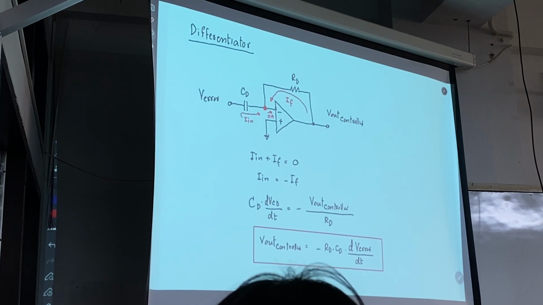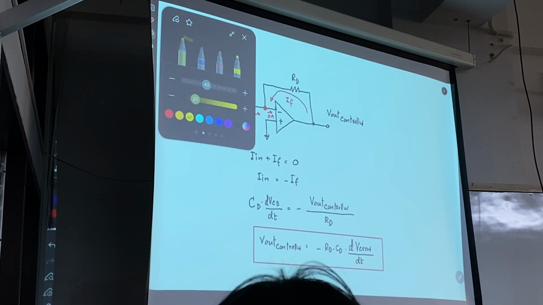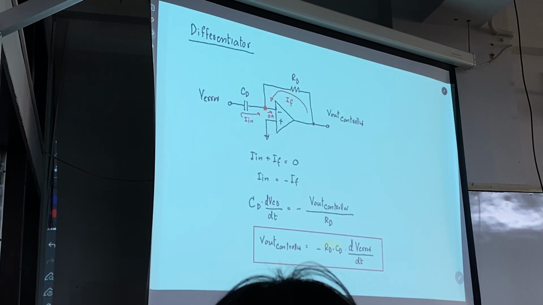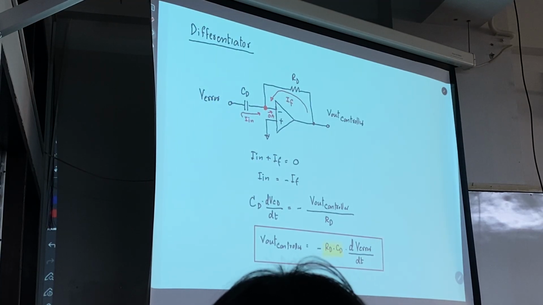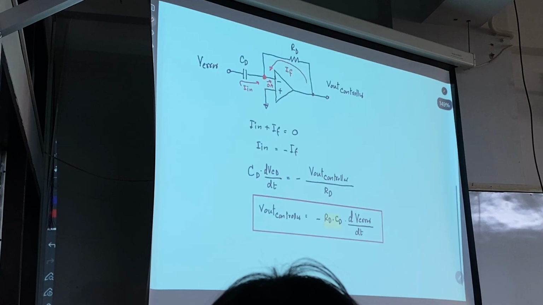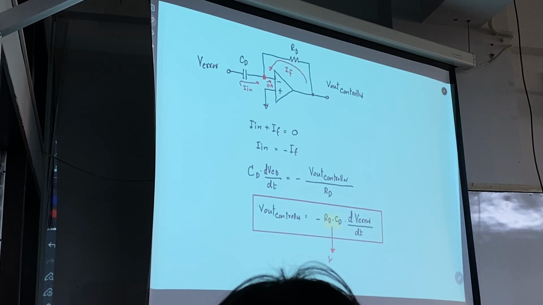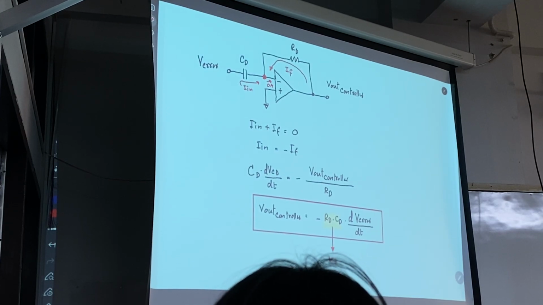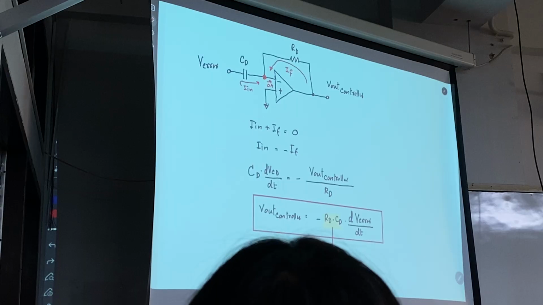Let's take a close look at the equation again. Here, RD times CD is the factor that is called KD. So KD is equal to RD multiplied by CD.